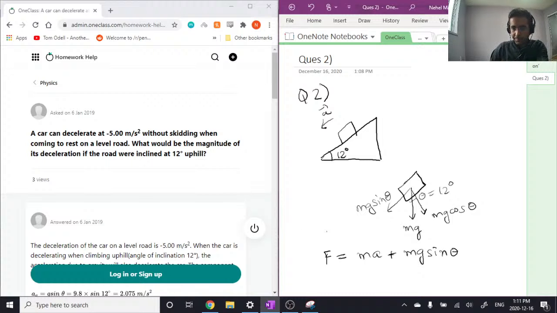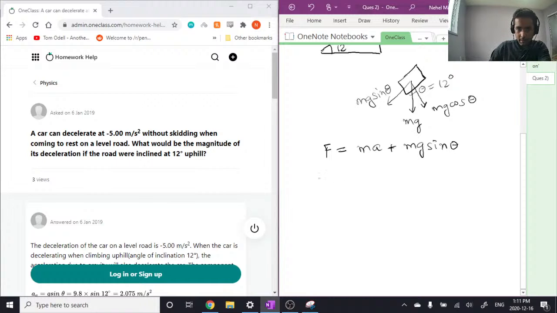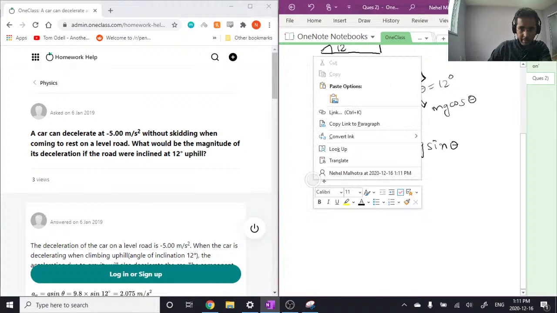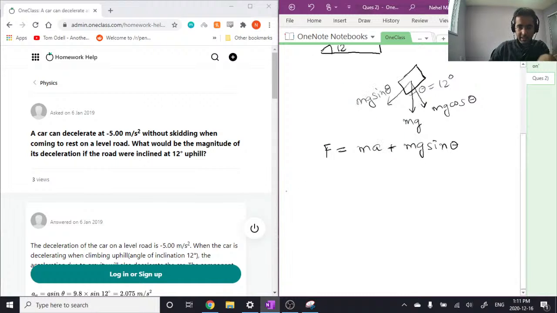So therefore, this becomes f, which will be equal to m times deceleration d. md is equal to m times a, where a is given as 5, plus mg sine of theta. All the m's cancel out.